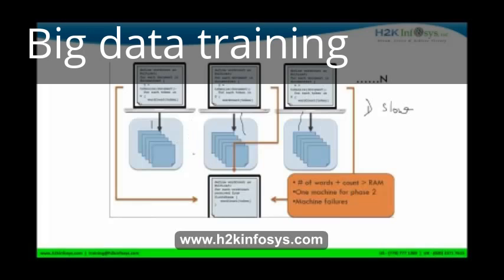Second problem would be that all these computers which are running in parallel working on the data set are going to send the result to one computer. And that computer has to do a lot of work. Now what if the output from each individual computer working on the data is so big that this computer cannot handle it?